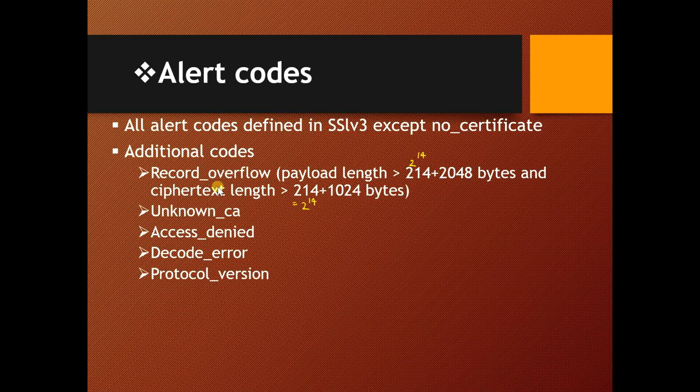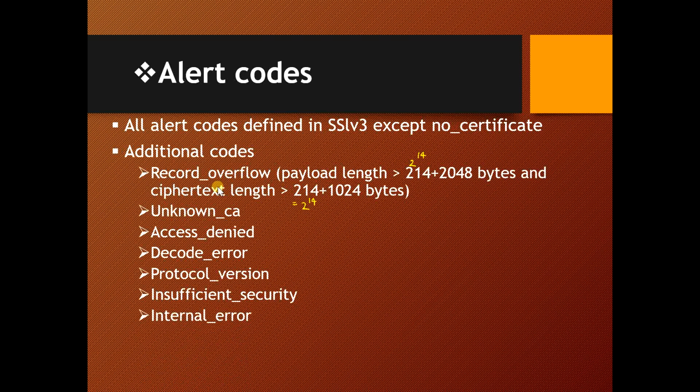If the protocol version is not supported, you get the protocol_version alert. Next you have the insufficient security message. This will be returned instead of a handshake failure when a negotiation has failed specifically because the server requires ciphers more secure than those supported by the client.